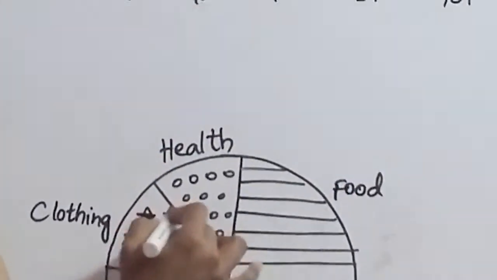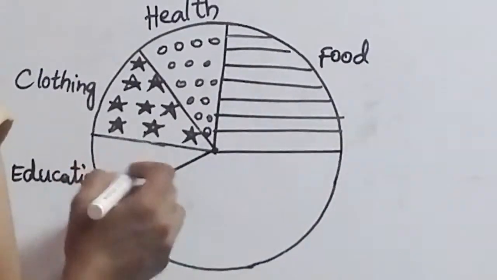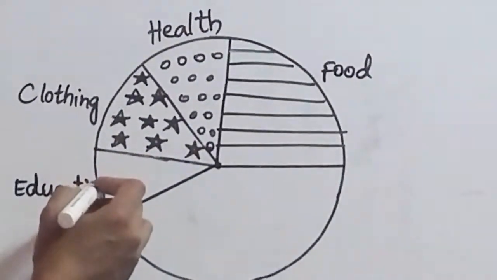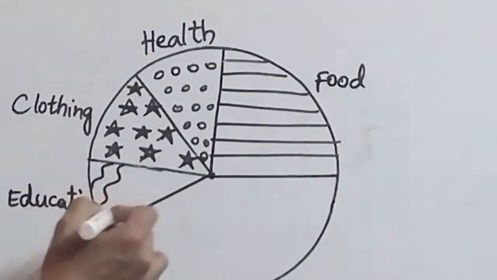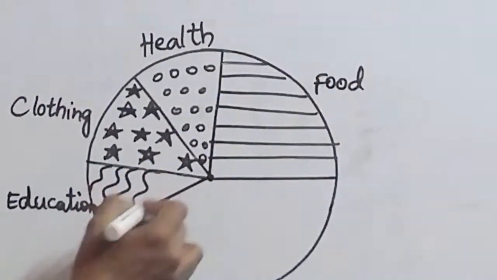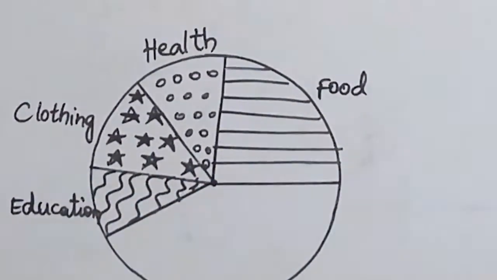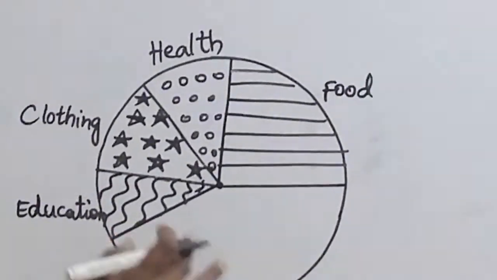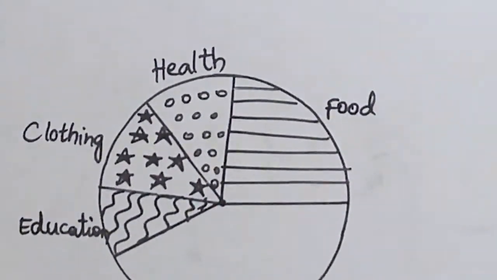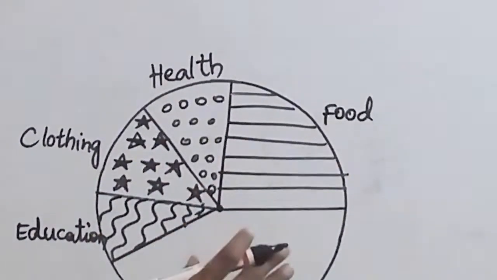Education I am going to take waves. These are the waves. For education I have taken waves. Then for savings you can take any shading or just leave it like that.